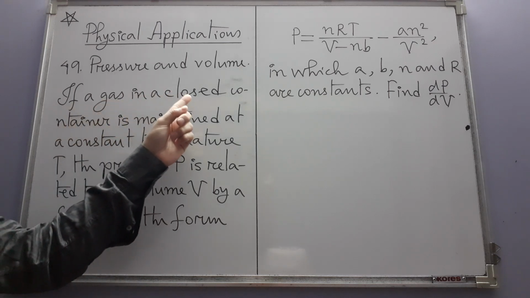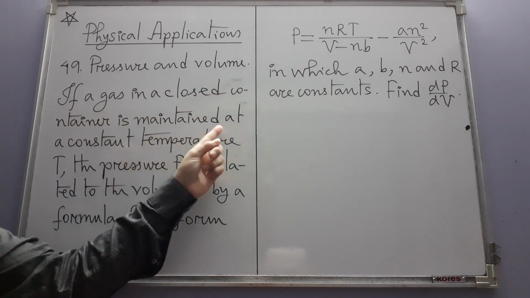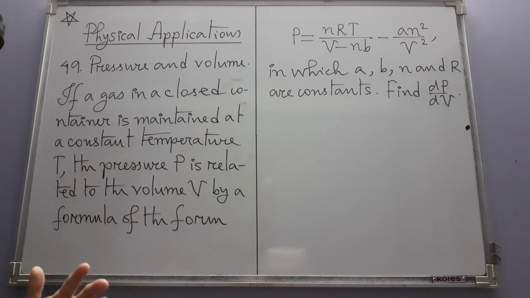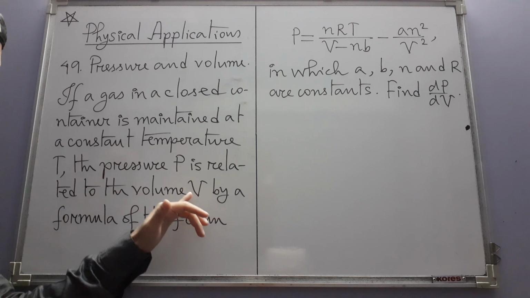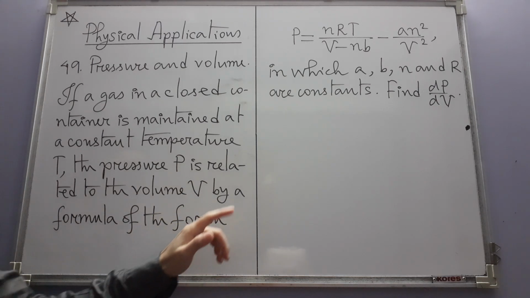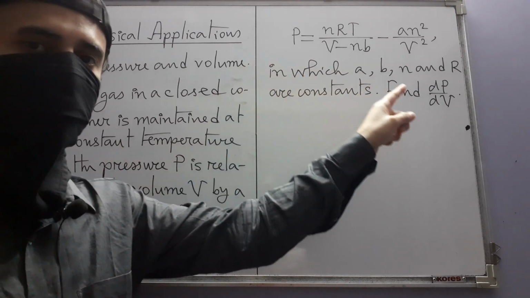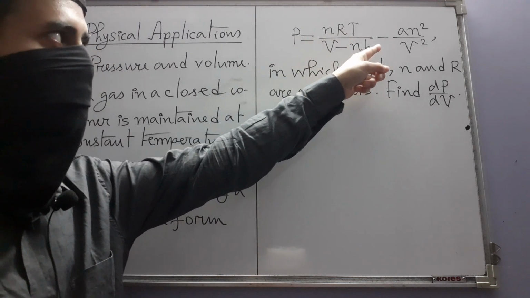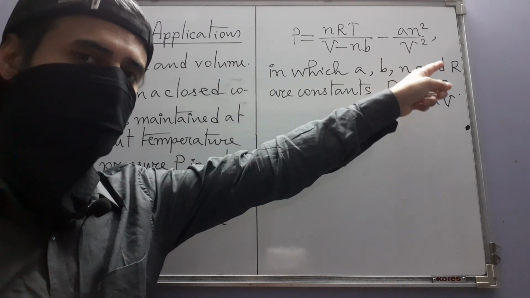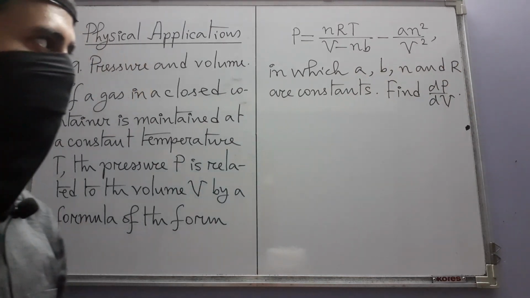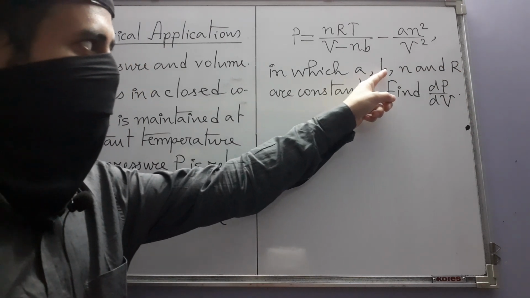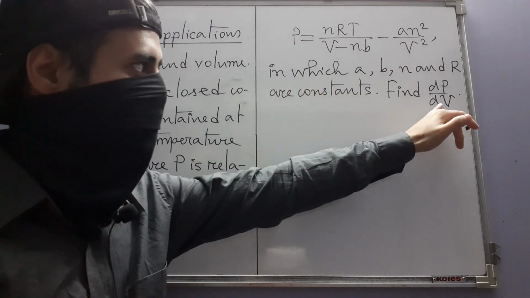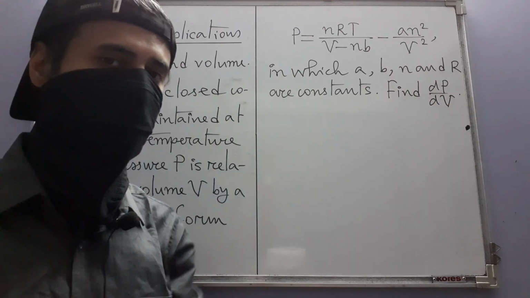Say a gas is in a closed container and it's maintained at a constant temperature T. In that case, its pressure P and volume V are related by a formula like this: P equals nRT divided by V minus nb, minus a n square divided by the square of the volume, where these quantities a, b, n and R are constants. We have to find the rate of change of pressure with respect to volume.